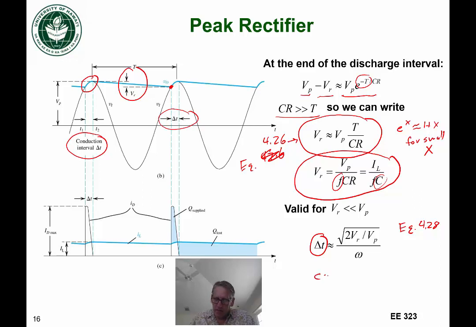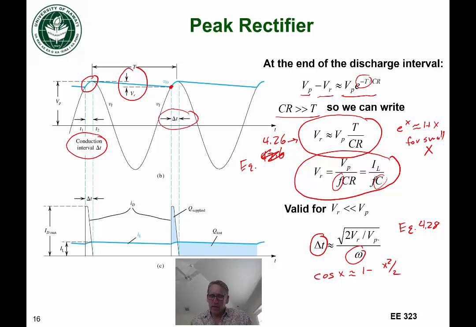And the approximation in this case is that cosine x is approximately equal to 1 minus x squared over 2. And if you do a few substitutions, it's fairly straightforward to calculate this time. And you can see that the conduction interval is going to depend, again, on the frequency, where high frequency gives a smaller conduction interval, and on the ratio of VR to VP.